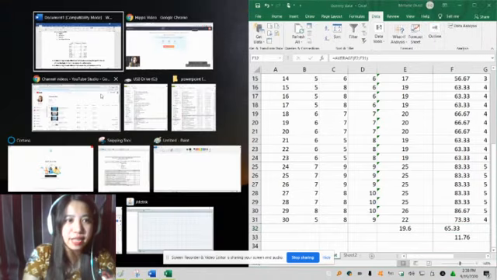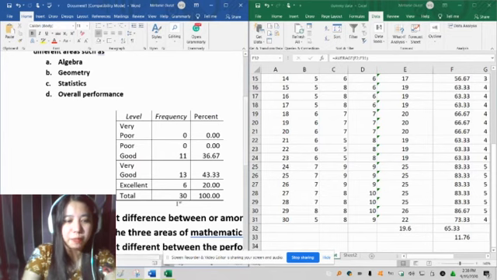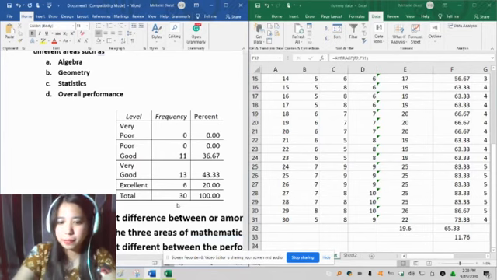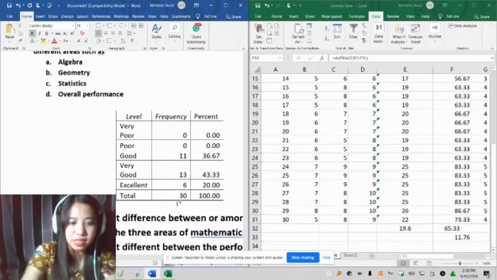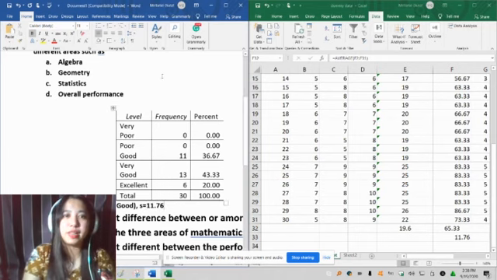So let us place that also in our interpretation. So mean is equal to 65.33, which means it is very good. And with a standard deviation equal to 11.76.